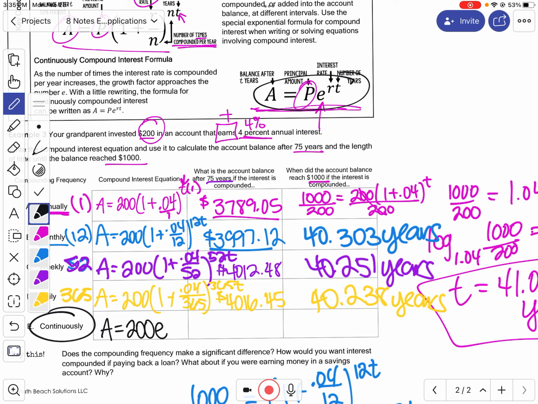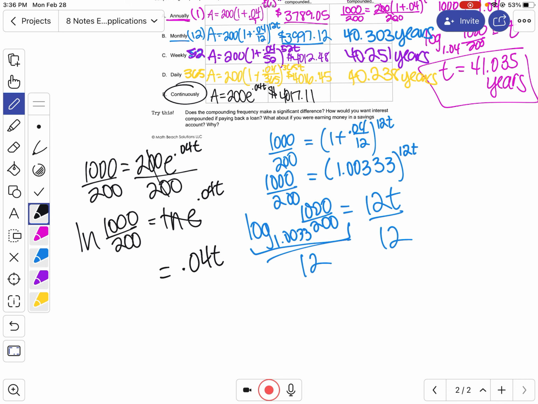And then we'll try this one. So when we have 1,000 equals 200 e to the 0.04t, we're going to need to isolate the base, so divide by 200. And then since my base is e, that means I'm going to take the natural log of both sides. So those would cancel. That's the whole reason I did it. So you would end up with 0.04t equals the natural log of 1,000 divided by 200.